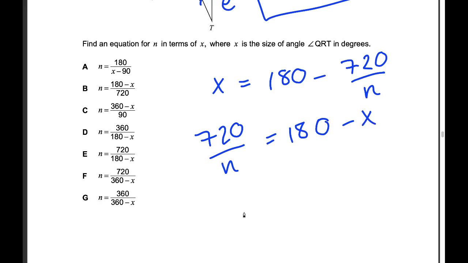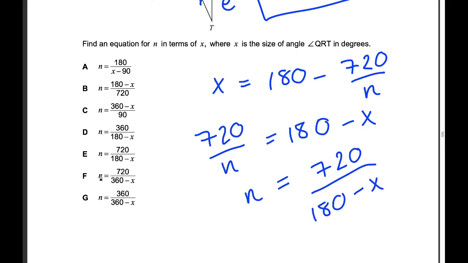If I do 1 divided by both sides, I'm going to flip both sides of the equation. That will give me n over 720 is equal to 1 over 180 minus x. So that will be 720 over 180 minus x. Is that an option there? Yes, it's E. Okay, great.